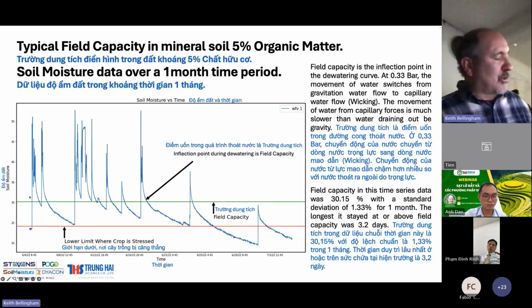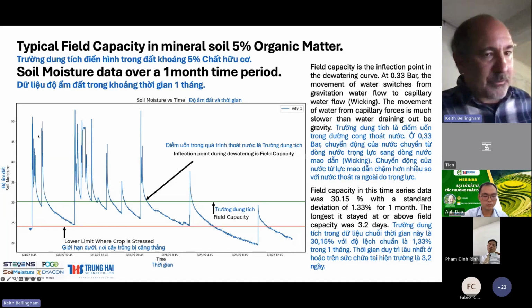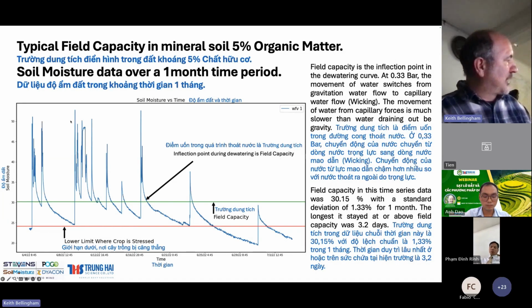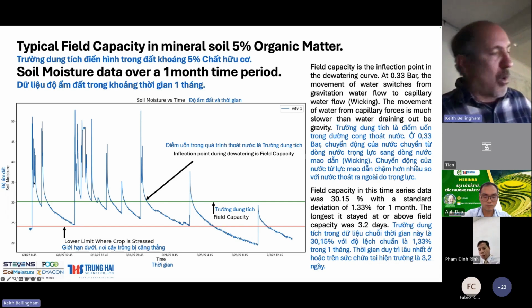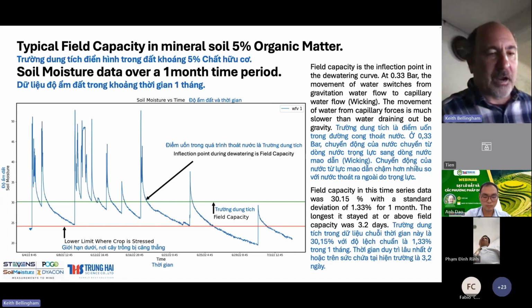As the rain event occurs, we have a sharp increase in soil moisture all the way up to its saturation, which is about 50%. And then when it stops raining, the soil moisture falls very rapidly until it hits this point where it slows down. That is where the water transitions from being pulled by gravity to being pulled by capillary forces.